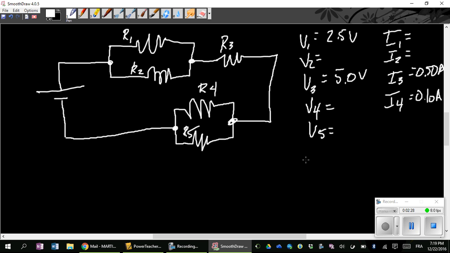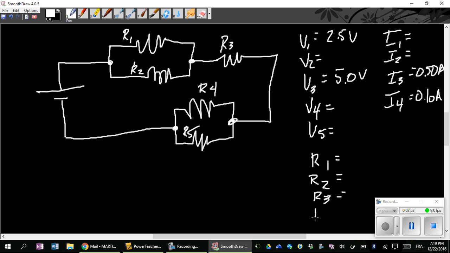R4. Oh, we have to figure all of these guys. Well, that's neat. Okay, that's fun. R4. No, let me erase this. So we'll find R1, R2, R3, all in sequence. Which one do we know?